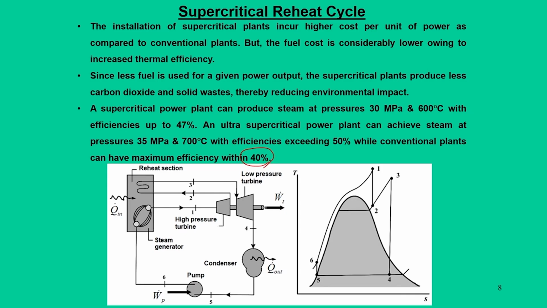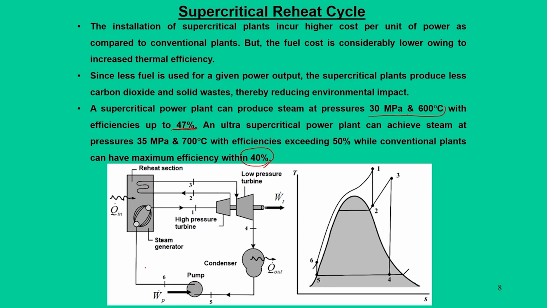Now, a close thermodynamic analysis reveals that a supercritical power plant which operates at 30 MPa and 600 degree centigrade, if you can design this, then we can achieve efficiency up to 47%.